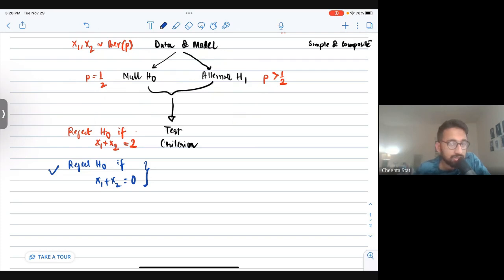If P is greater than half, X1 and X2 should occur more, hence X1 plus X2 should be more; it will most probably be more 1s than 0s. So the hypothesis not only has a role to play in the rejection of H naught, but also in the acceptance of, or in support of, H1. Remember that.